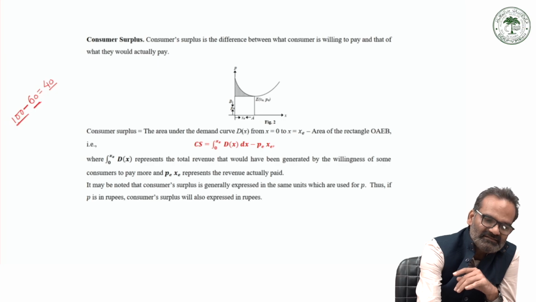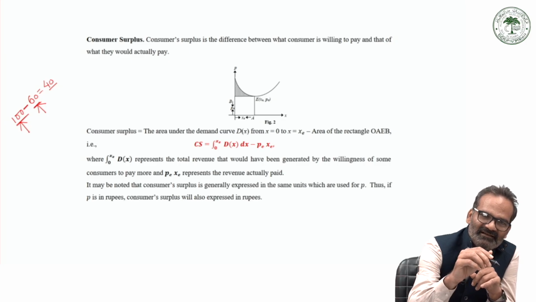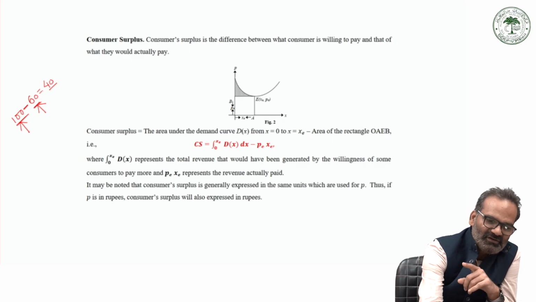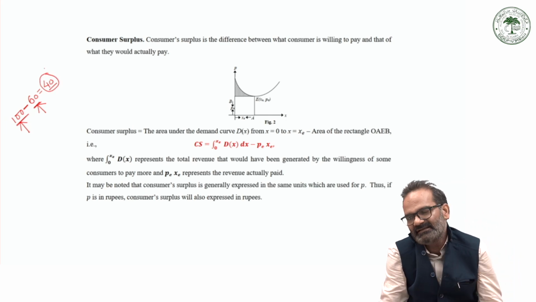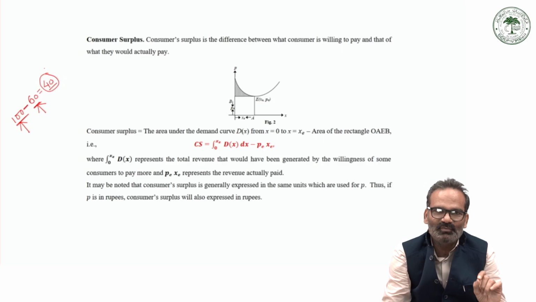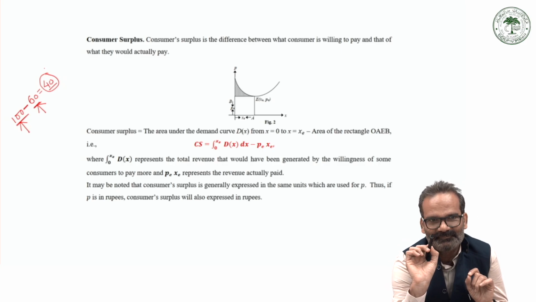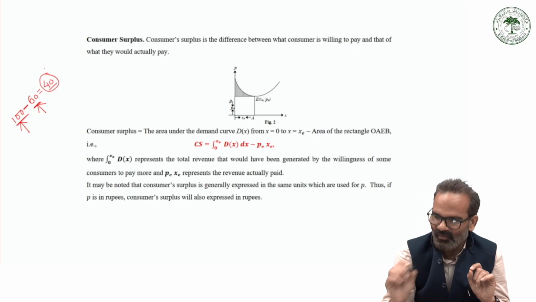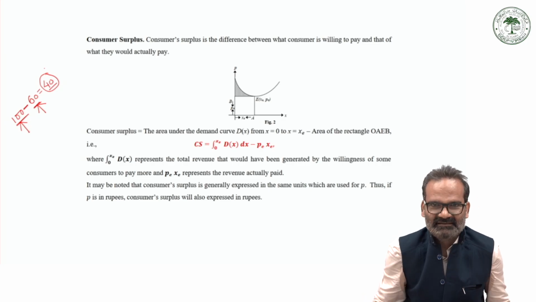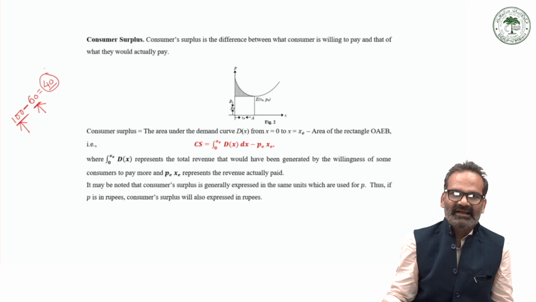Rupees 60 is the market price. Rupees 100 is what he is willing to pay. The difference of these two, rupees 40, is considered the consumer surplus for a single product.